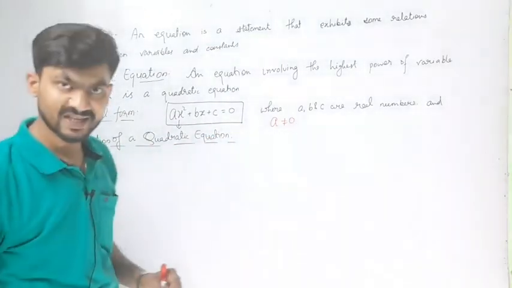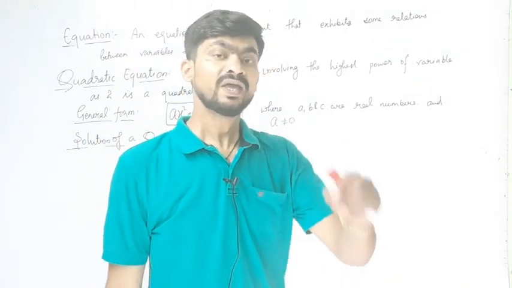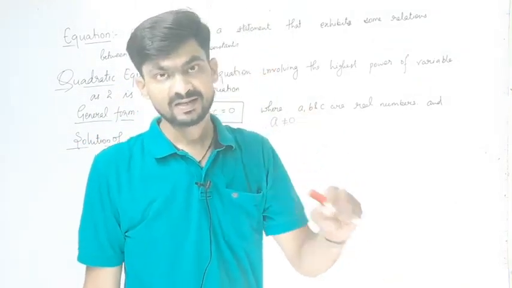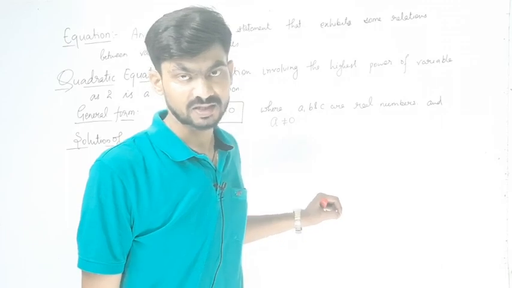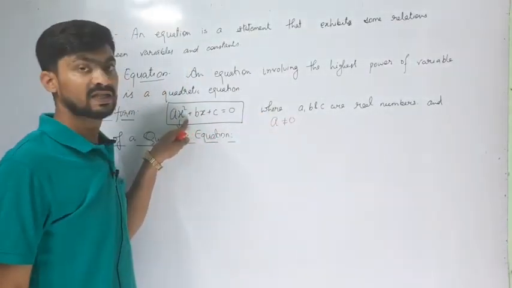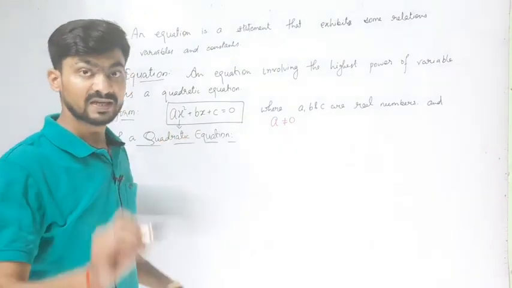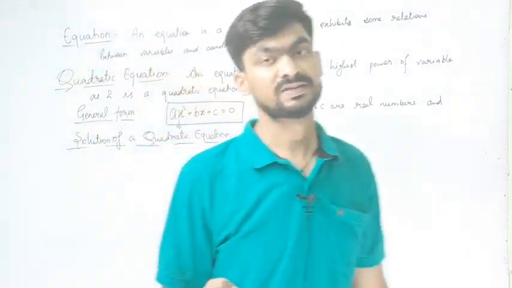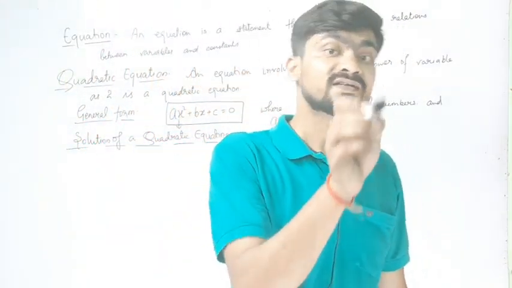Solution of a quadratic equation means we are trying to find some values of x which, when kept in the equation, give the right hand side, or make it 0.